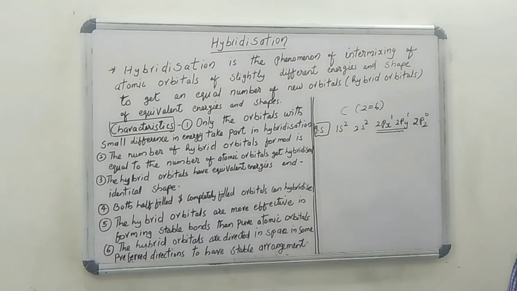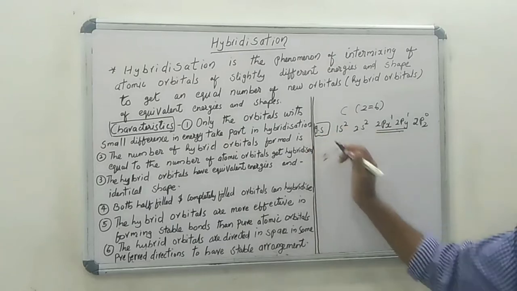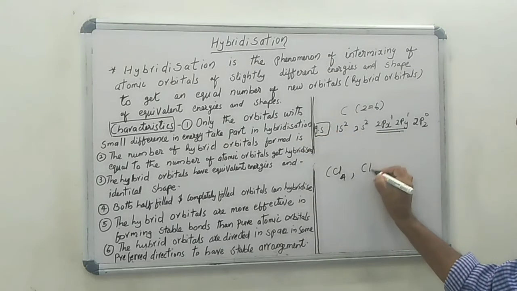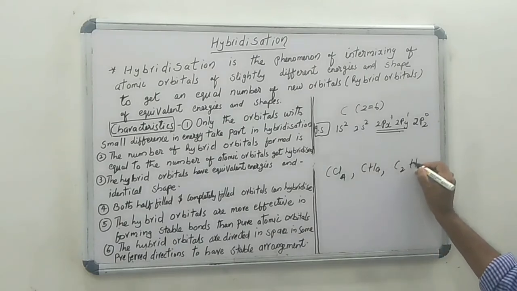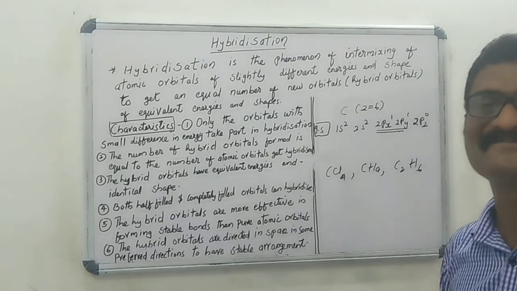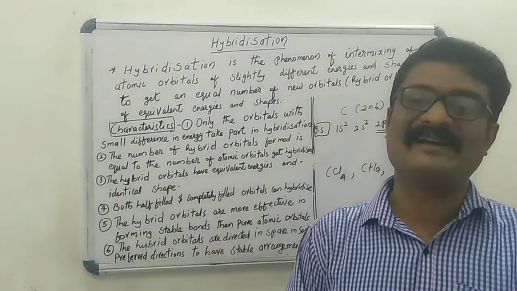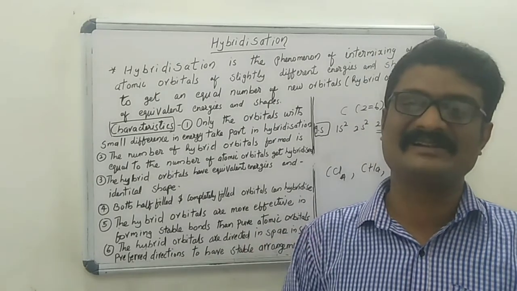But in all its compounds, such as CCl4, carbon tetrachloride, methane, ethane, etc., the carbon is tetravalent.